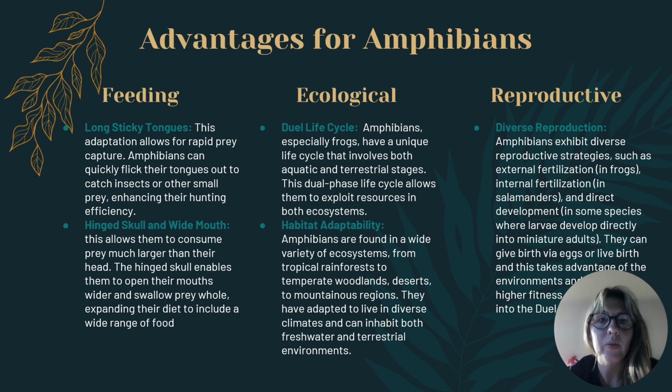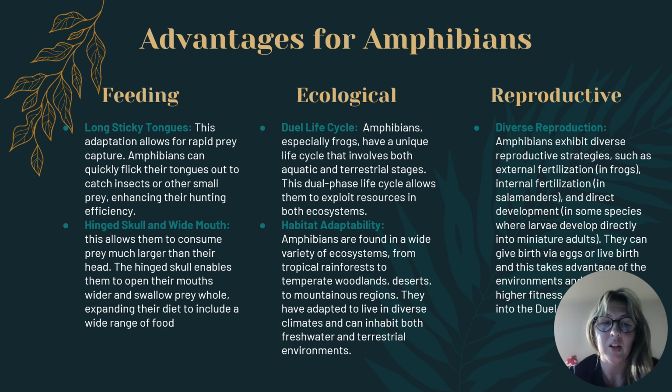Outside of their morphological advantages, the other main advantages that amphibians are able to use are the feeding advantages. That really allows for those long, sticky tongues to allow for rapid prey capture, as well as a hinged skull and wide mouth.